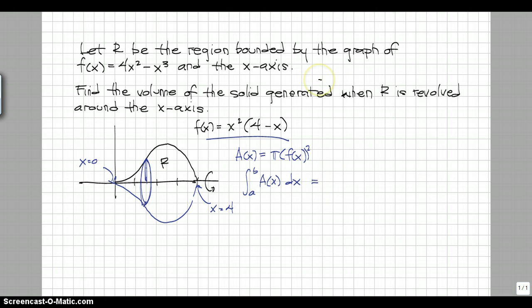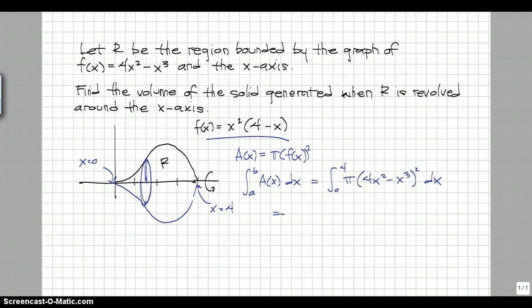And so that means for this particular volume, I'm going to take the integral from 0 to 4 of pi times the function 4x squared minus x cubed, squared, dx.